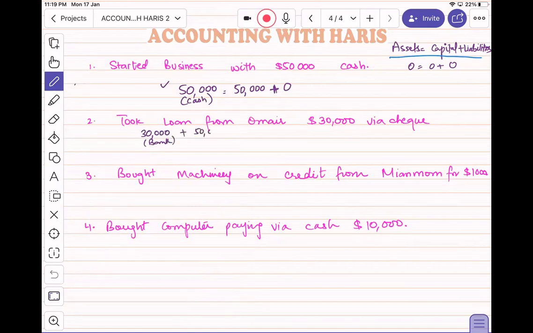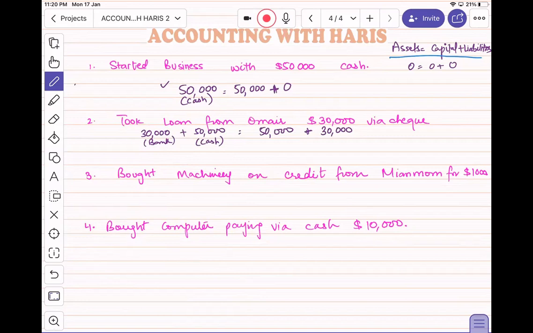If you add both of these up, the business assets now equal 80,000. And you should ask yourself, 50,000 was initially invested by the owner, as you can see in transaction number one, and now 30,000 they have received as a loan from Umair. So the liabilities of the business would also increase by 30,000, right?